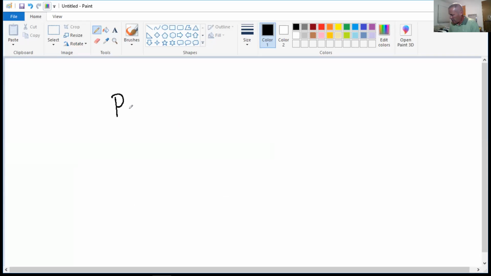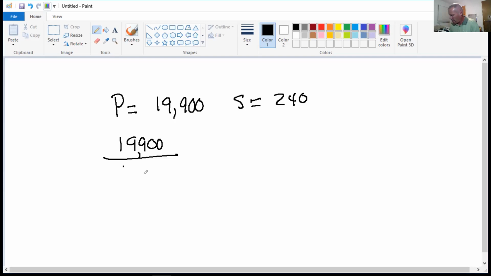Short term: primary equals 19,900, secondary equals 240. What do I need to do? 19,900 divided by 240. Somebody run that math for me, please.